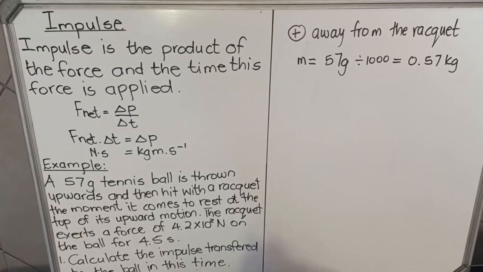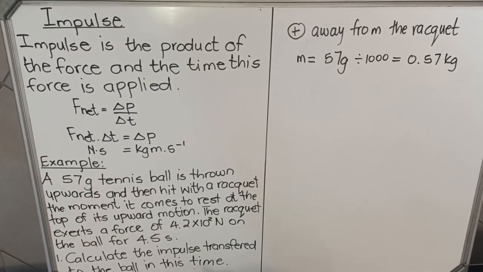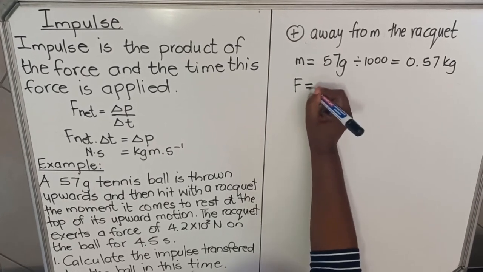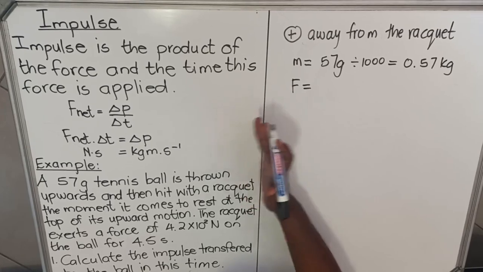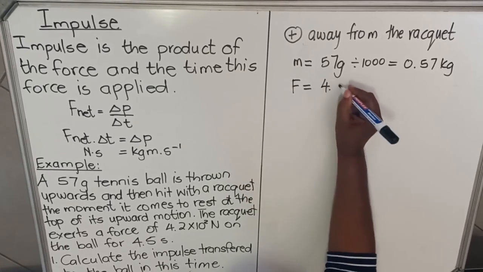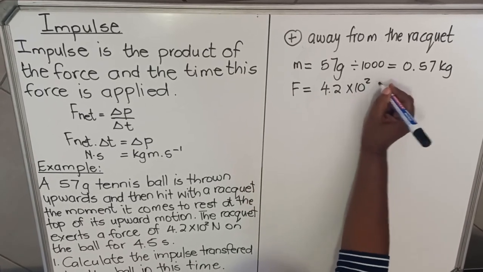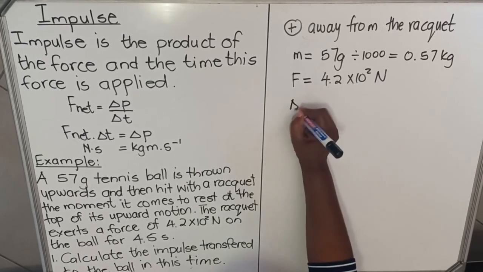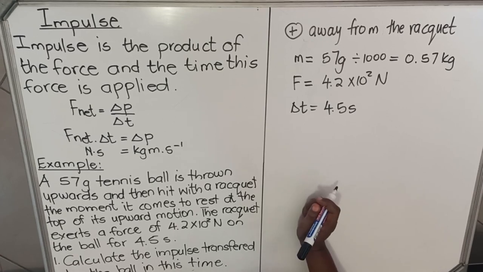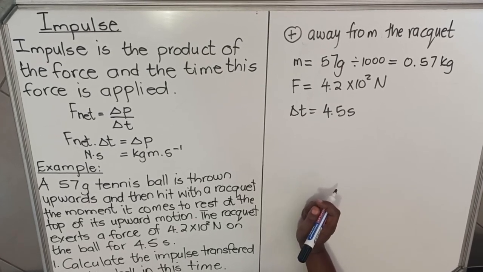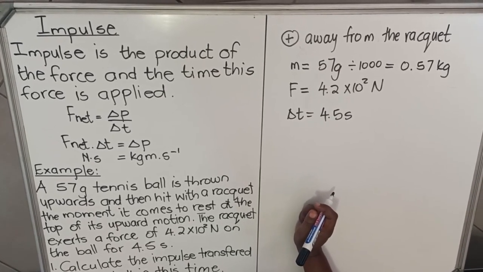Then the force, they say the force is exerted by the racket, so the force will be positive because the racket is exerting the force away from the racket. It's 4.2 times 10 to the power 2 newtons, and then change in time is 4.5 seconds. The question says calculate the impulse transferred to the ball in this time.